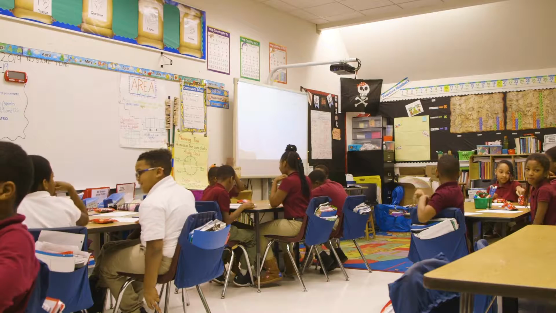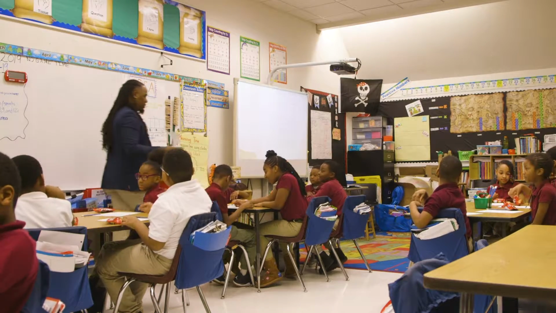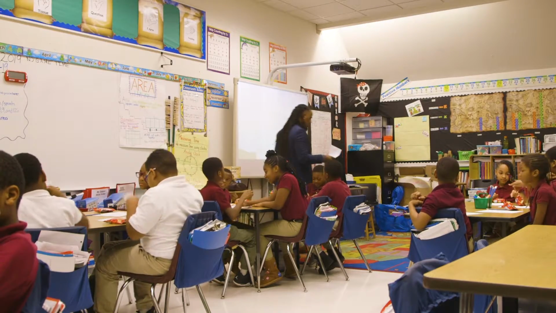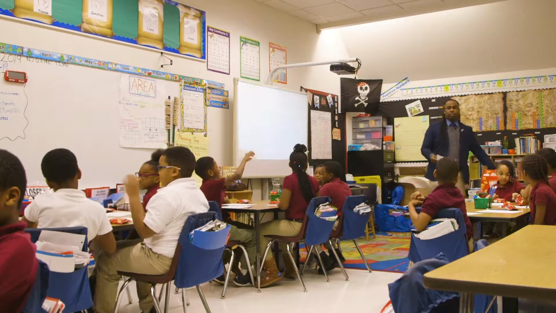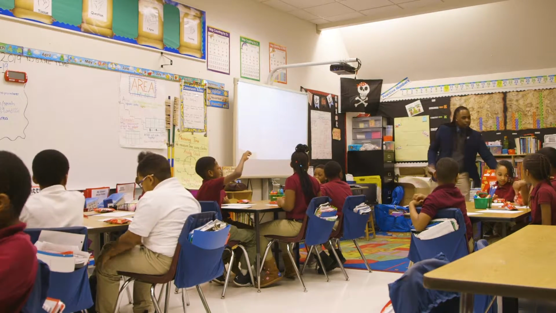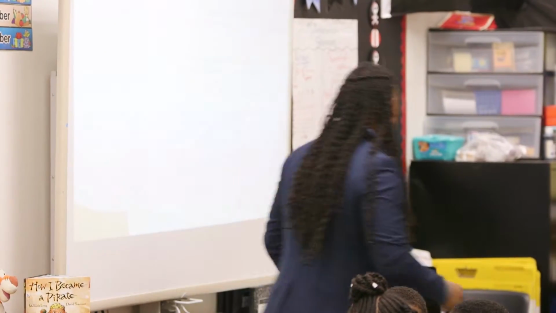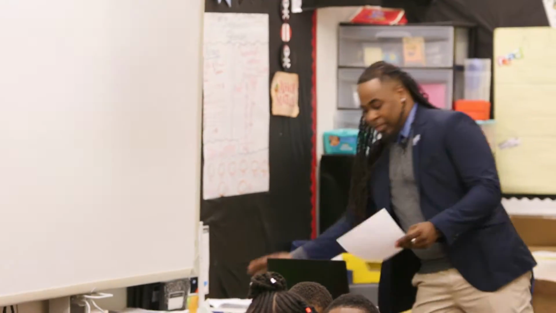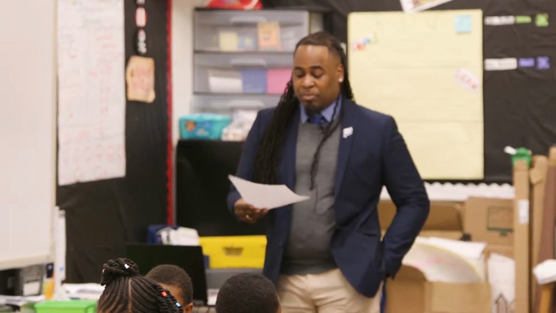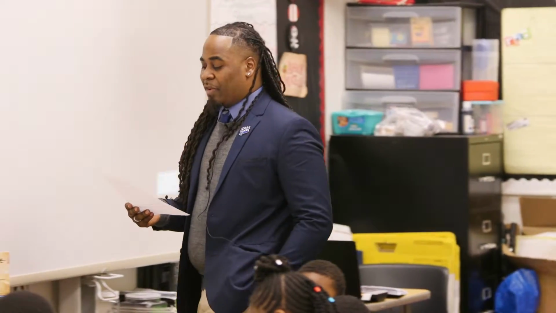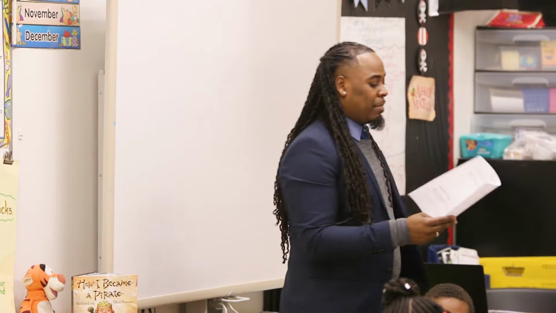Okay, thank you. Not yet. All right, everybody has a bag of Cheez-Its? Yes. Excellent job. All right, let's look at the directions. It says, place one Cheez-It in each square provided in the shape. Count how many Cheez-Its you have.